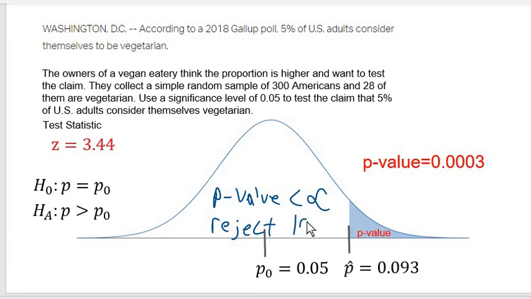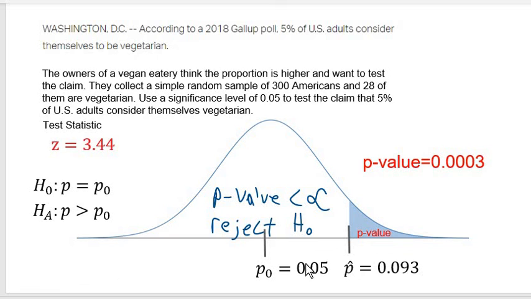Reject the null hypothesis. Once again, what that means is, since I'm operating under the assumption that the null hypothesis is true, if the null hypothesis is actually true, the sample that I have actually observed only has a 3 in 10,000 chance of happening. That is an extremely rare event, which is why I'm rejecting the null hypothesis.